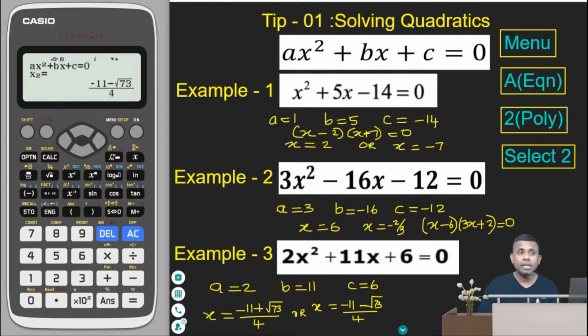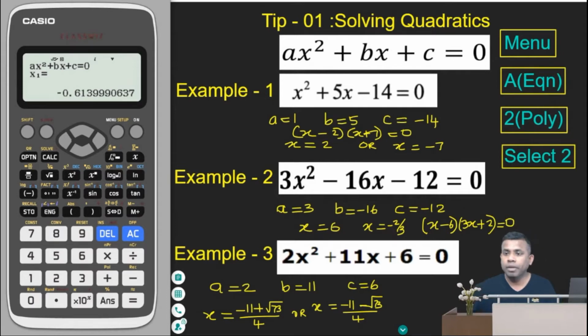That is the surd format of the answer. If you want the decimal answer, you can press the SD button. So the first answer, minus 11 plus root 73 over 4, gives x equals minus 0.61 when you press the SD button.